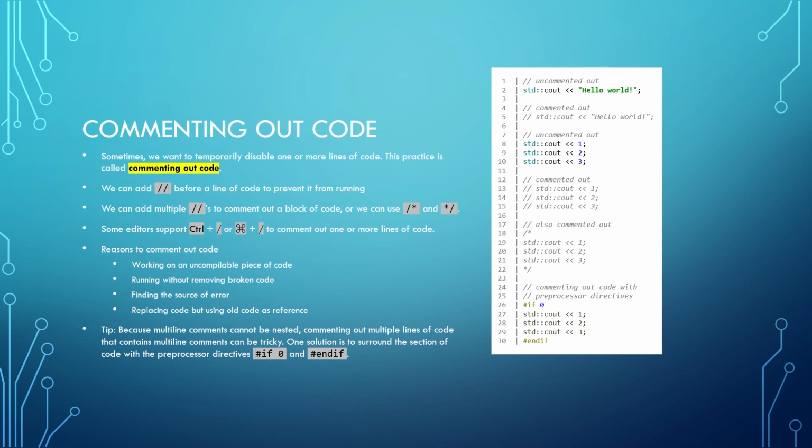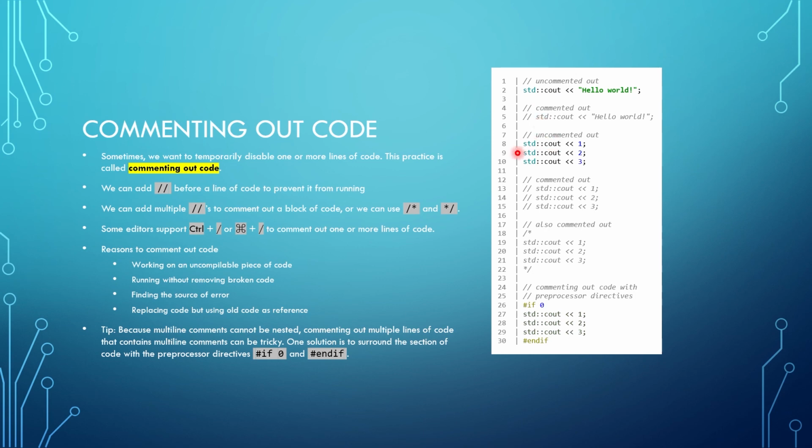And because multi-line comments cannot be nested, commenting out multiple lines of code that contain multi-line comments can be tricky. One solution is to surround the section of code with the preprocessor directives #if 0 and #endif. So over here we have our example. We have this line which is not commented out, and we can comment it out by adding two forward slashes.